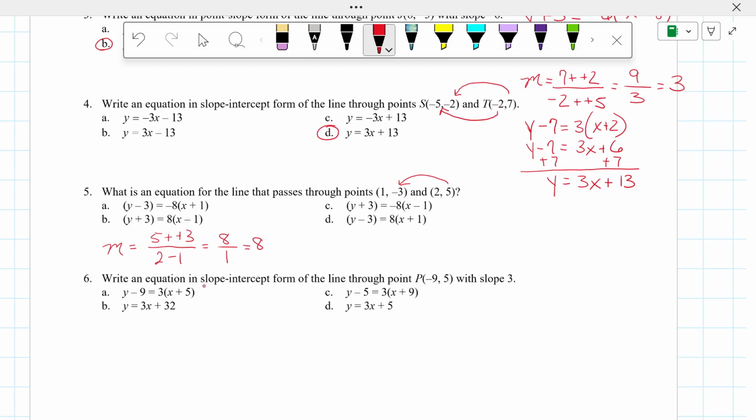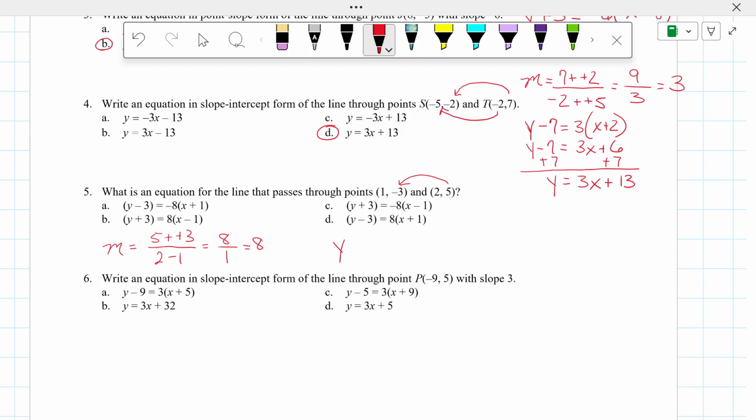So now, if you scan these answers, it looks like they use the point with the 1 and the 3, because none of your options have the 2 and the 5 in them. So we're going to use the 1 and the negative 3.